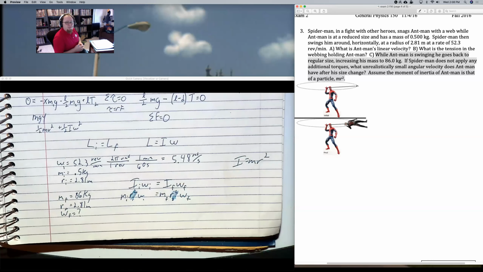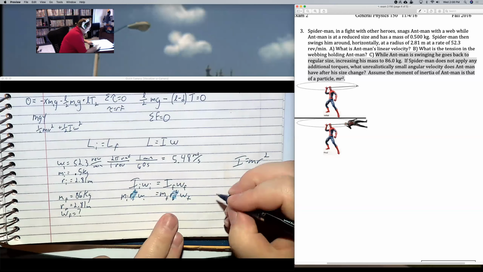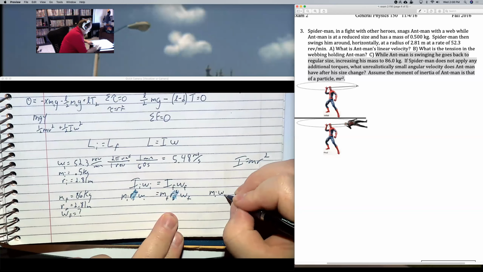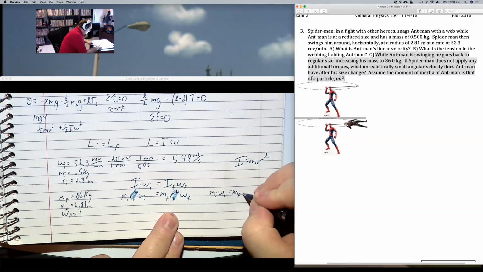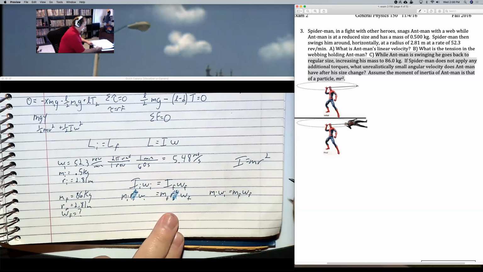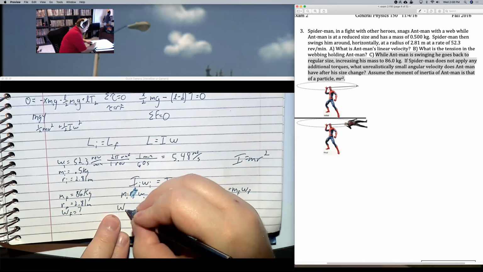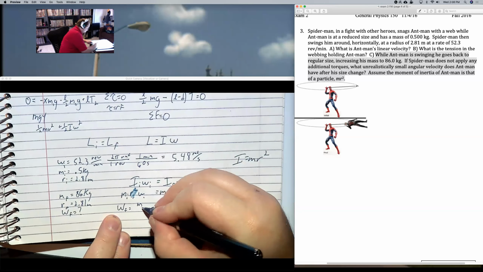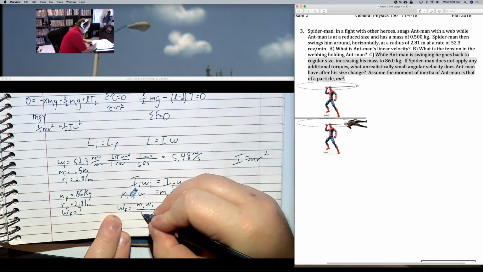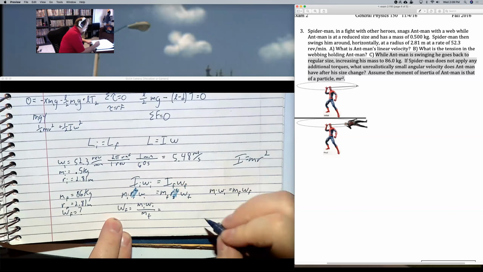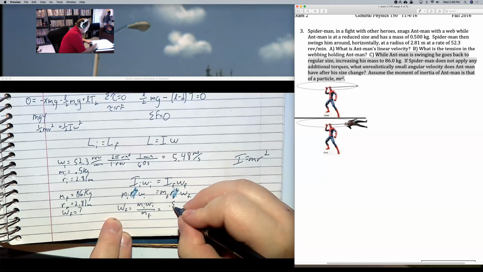That won't always be true. Normally, r changes, not m. In fact, due to the law of conservation of mass, it isn't actually physically possible for m to change. But hey, comics. So I can say m initial omega initial equals m final omega final. And rearranging, that says omega final is m initial omega initial over m final, which will allow me to plug in.